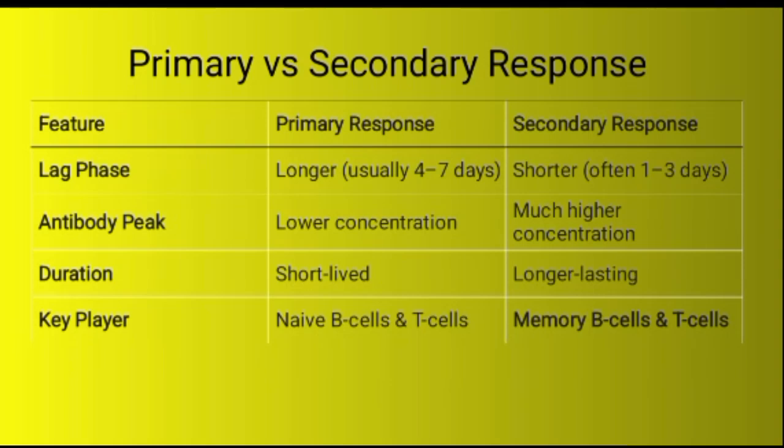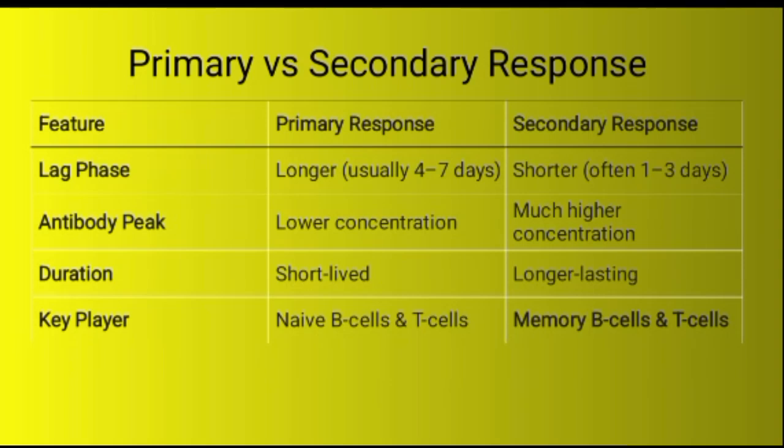Usually the primary exposure takes 4 to 7 days, whereas the secondary response takes 1 to 3 days. And it is lower concentration in the primary response, but this one is very high because already the memory B cells are produced. The duration is short-lived because there is no activity, whereas in the secondary response, the duration is lasting.